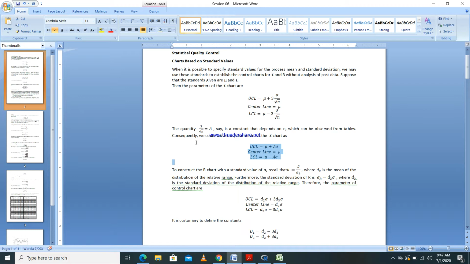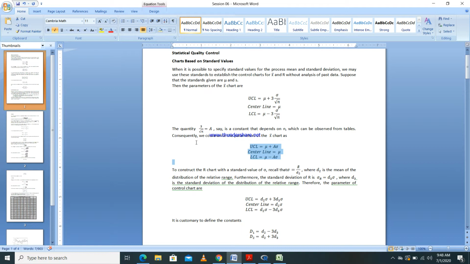In this case you take sigma as R bar over d2, where d2 is the mean of the distribution of the relative range. And the standard deviation of the range is equal to d3 times sigma, where d3 is the standard deviation of the distribution of the relative range.